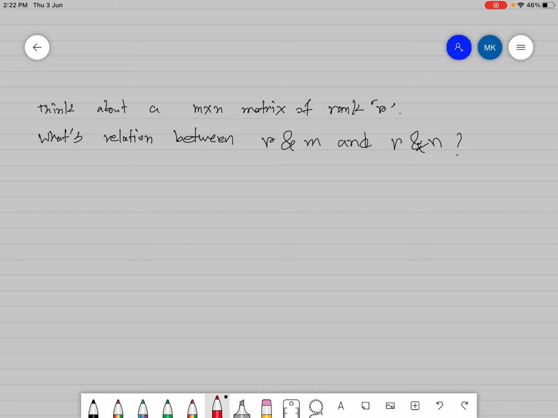So the answer is, think on this, that the rank means the pivots, right? If you have a 3 by 3 matrix, then you might have 3 pivots, right?